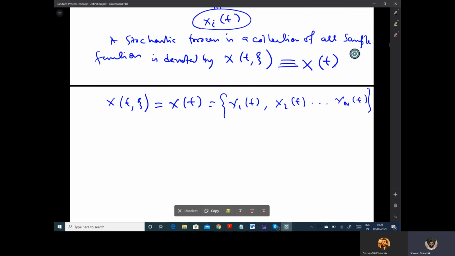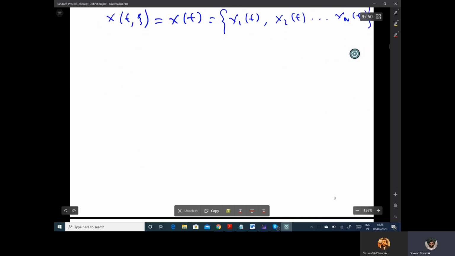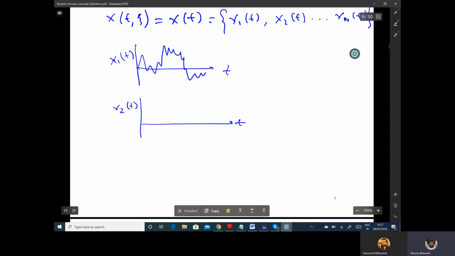Okay, now there is an important thing. Suppose we have realized a random process. What does it mean? That means we have a sample function x1(t) for some zeta 1, which may look like this. Then we have another, x2(t), maybe like this.